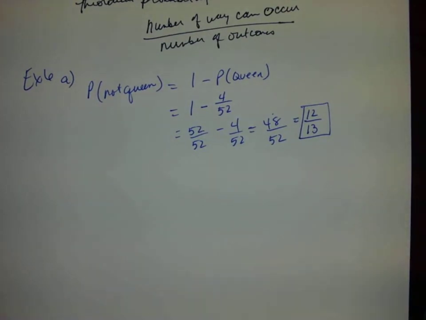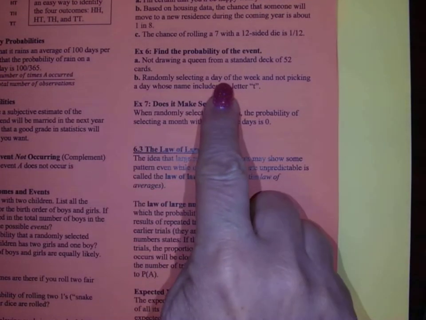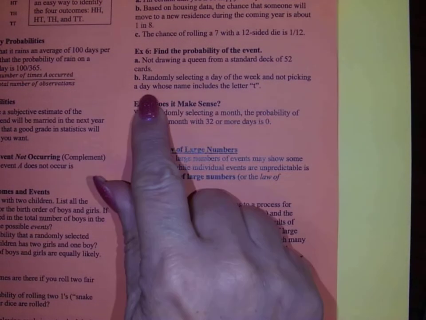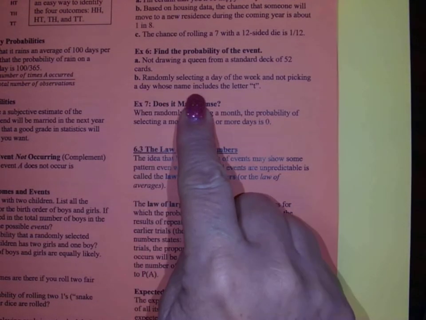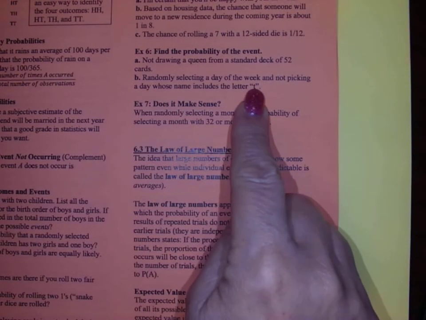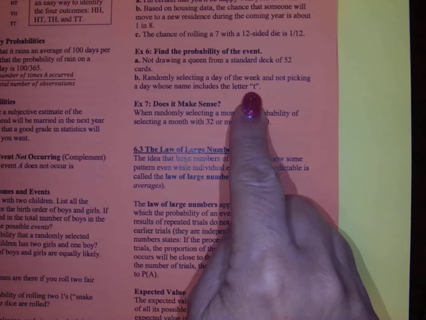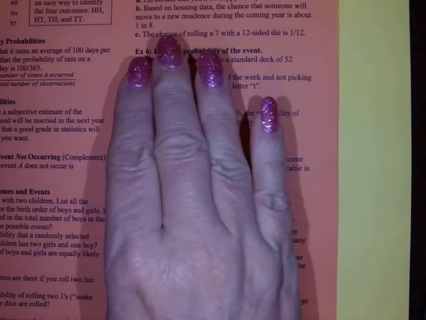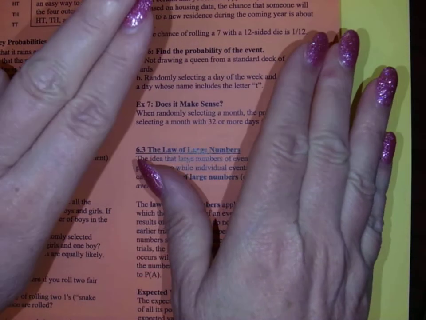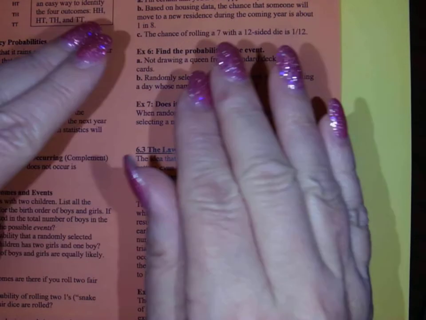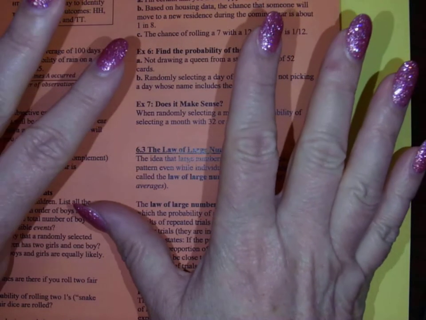All right, our next question is randomly selecting a day of the week and not picking a day whose name includes the letter T. So how many total days of the week are there? Well, there's Sunday, Monday, Tuesday, Wednesday, Thursday, Friday, Saturday, right? There's 7 days, so that's our total on the bottom.